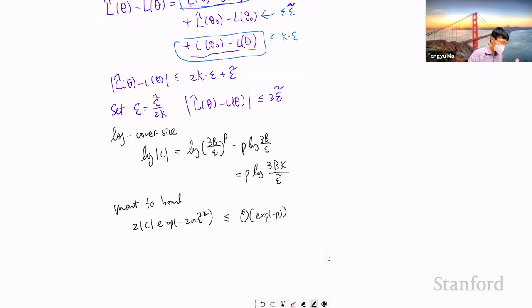Just to get some intuition, the exact calculation of this is going to be a little bit complicated. This is a heuristic which is not even technically correct, but it's approximately correct. So suppose, optimistically, that log C equals p instead of p times log of 3b kappa over epsilon tilde.